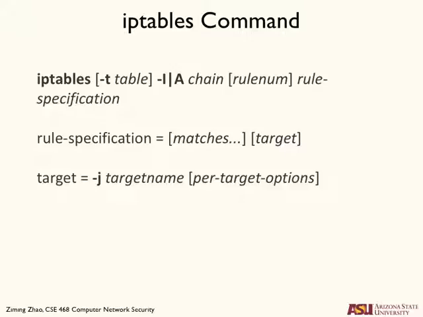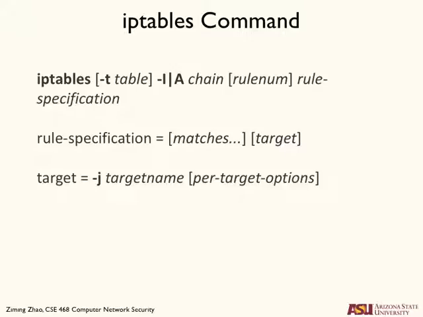Insert will put a rule at the top of that chain, and append will put the rule at the bottom of that chain. Like we discussed on Wednesday, firewall rules follow the principle of first match. So only the action of the rule that matches the packet first will be enforced. So the order of the rules is important.